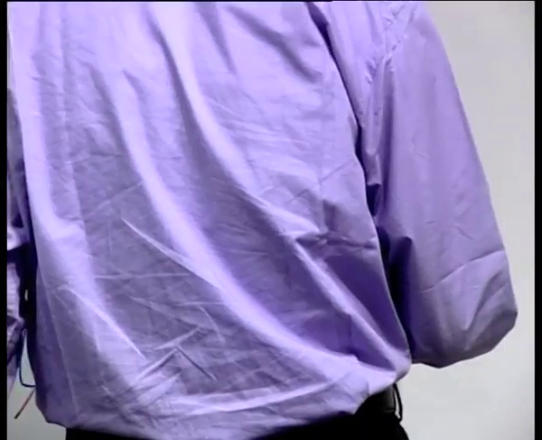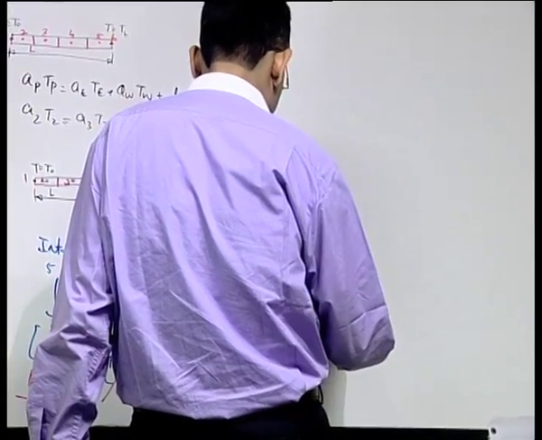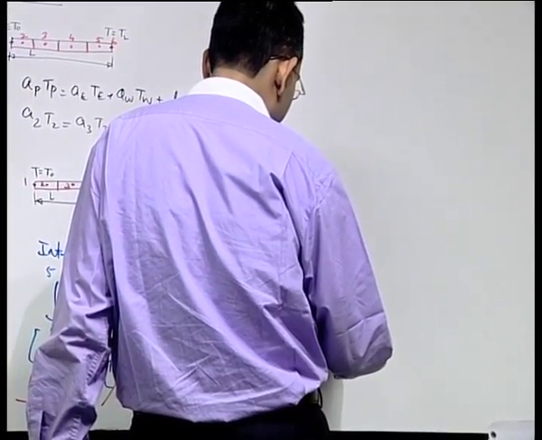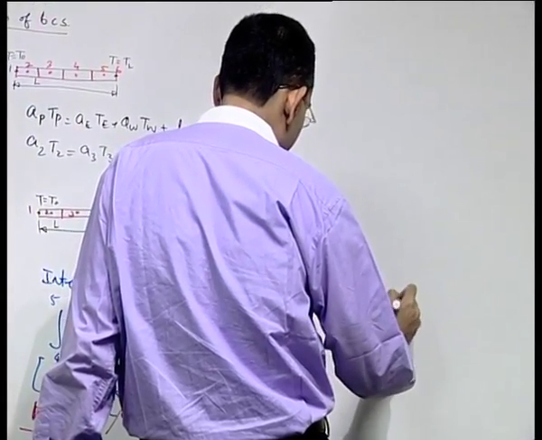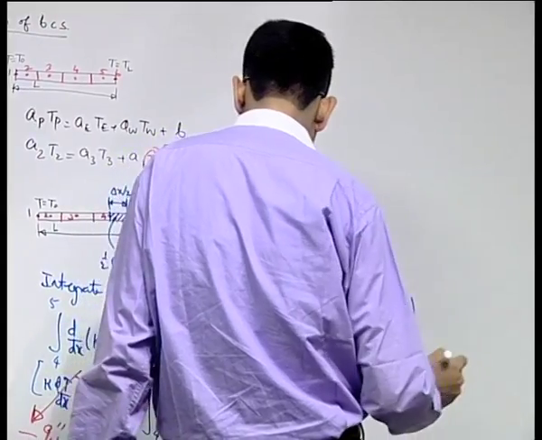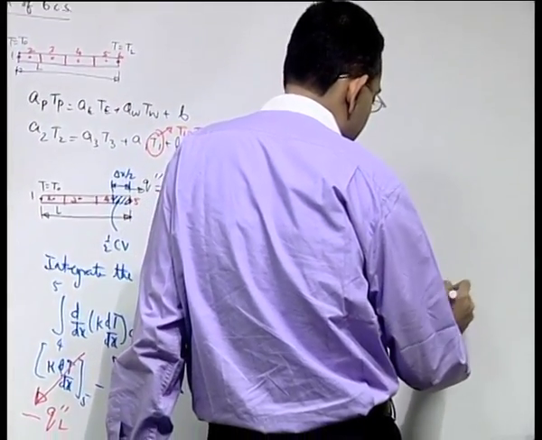So, if you assemble it becomes minus QL minus 2k by delta x T5 minus T4 plus s delta x by 2.